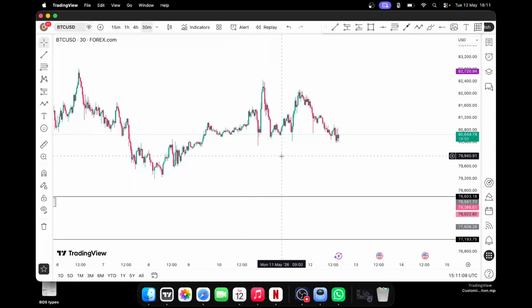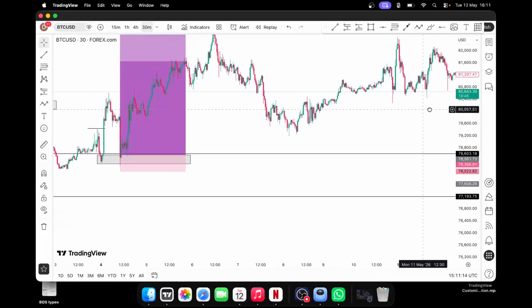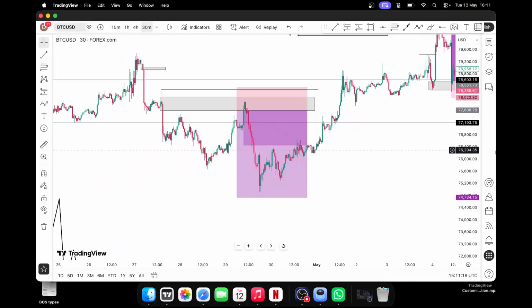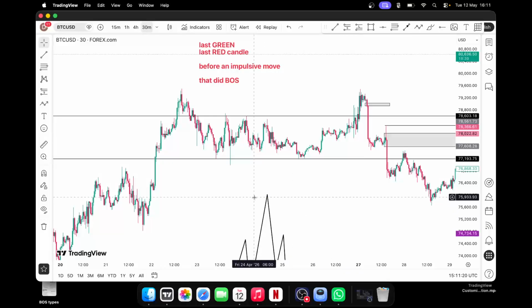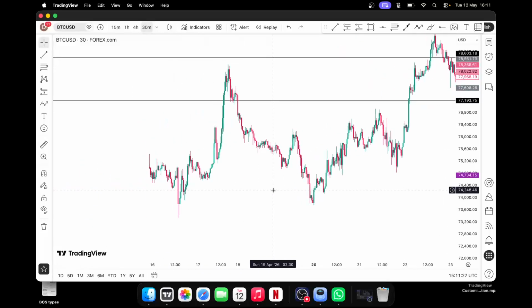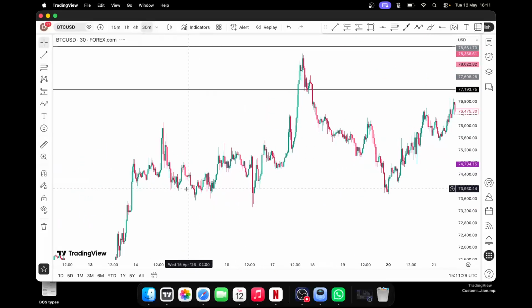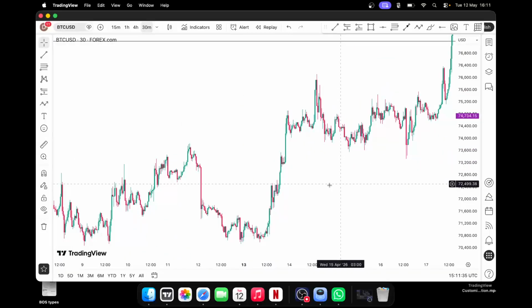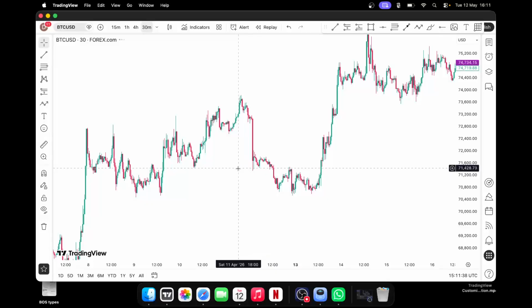I'm looking for an example of a breaker block so that you understand what I'm trying to say. A breaker block. Here I see an example.